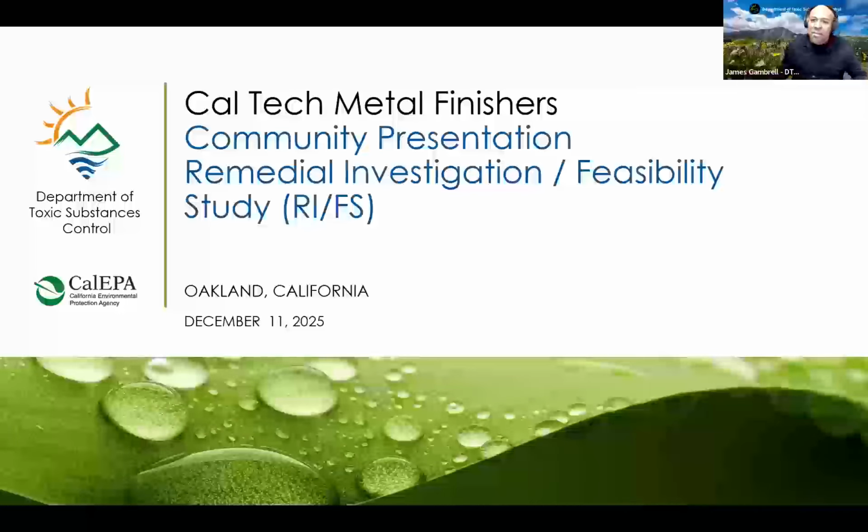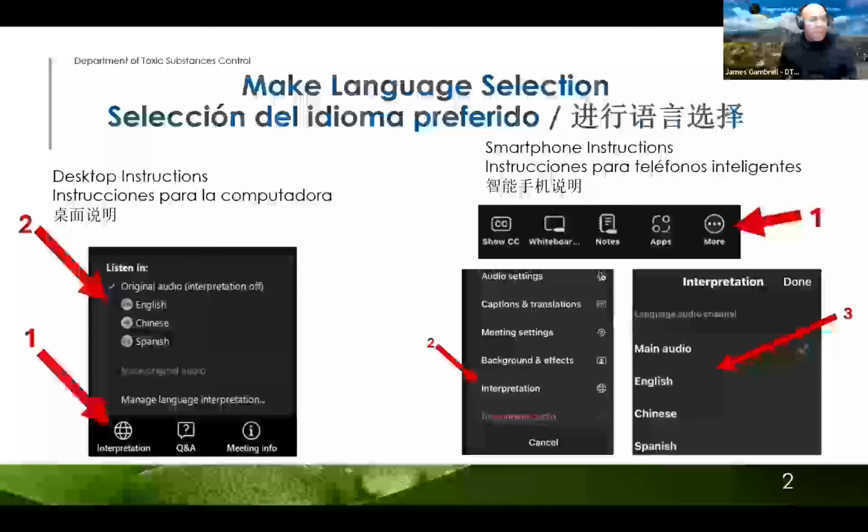All right, it is 6:03, so I'll go ahead and go to the next slide. For those of you joining the meeting tonight, we will be having language interpretation in 3 different languages: English, Spanish, and Mandarin.